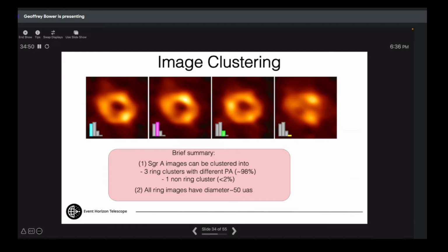The other thing is that these bright features that you see in the image, you really can't trust those. These are not hotspots that we think we can robustly say are located. This isn't the result of a hotspot that's moving around and we're capturing it at a few different times.